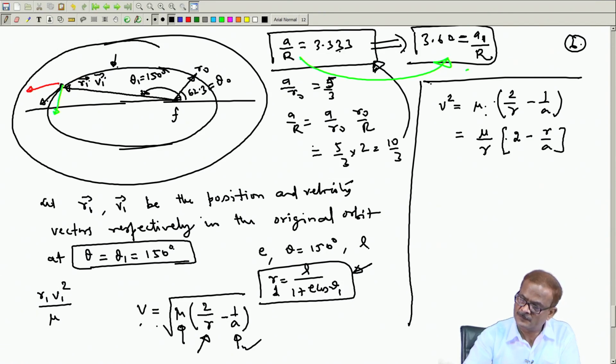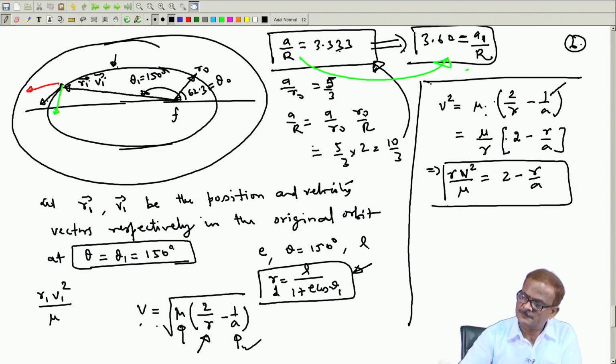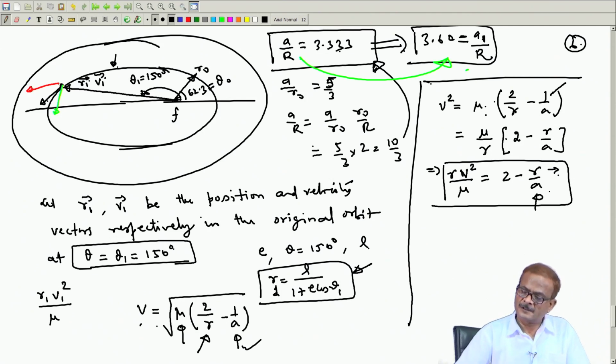So, this becomes mu by r, and this r goes here in this place. So, this becomes 2 minus r by a, and therefore, this implies r v square divided by mu equal to 2 minus r by a. So, here look into this equation, only r is required at the new position, a is already known, and therefore, we can work out r v square divided by mu.